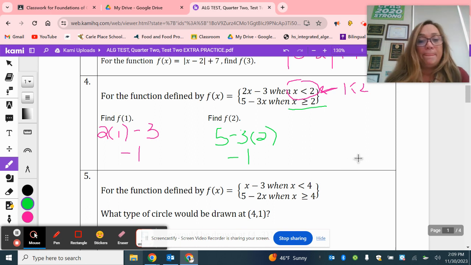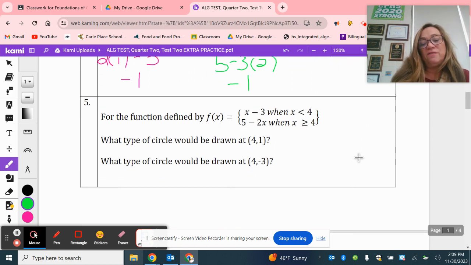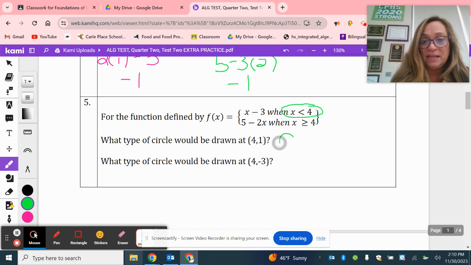Okay? All right. For the function defined by, all right, what type of circle? Okay. So if I put in a 4 and I get out a 1, that's this piece. So that's going to be an open circle.